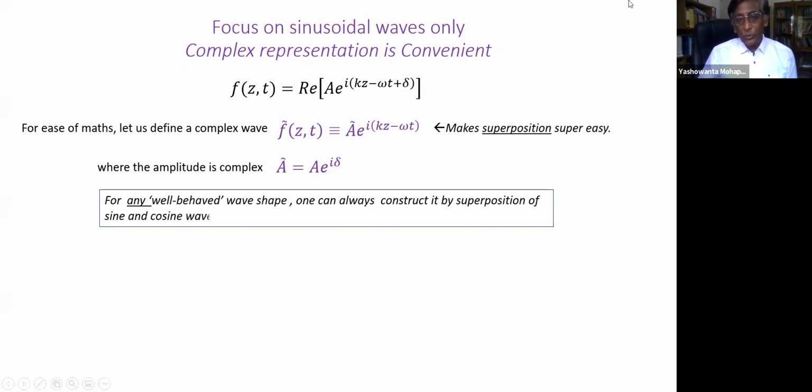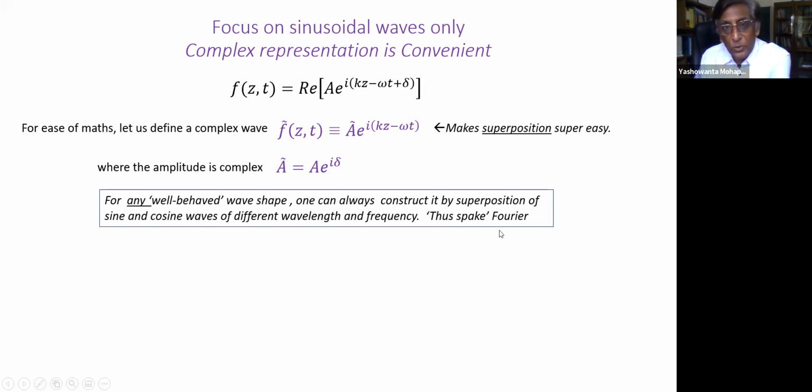For any well-behaved wave shape, one can always construct it by superposition of sine and cosine waves of different wavelengths and frequencies. Who said so? Fourier. You are going to learn Fourier analysis and Fourier transforms in great detail in your maths course, and you're going to use it in many different courses in future. But we are not going to use it in this course. The point is that any complex wave can be made up of a superposition of many sinusoids of different wavelengths and frequencies.